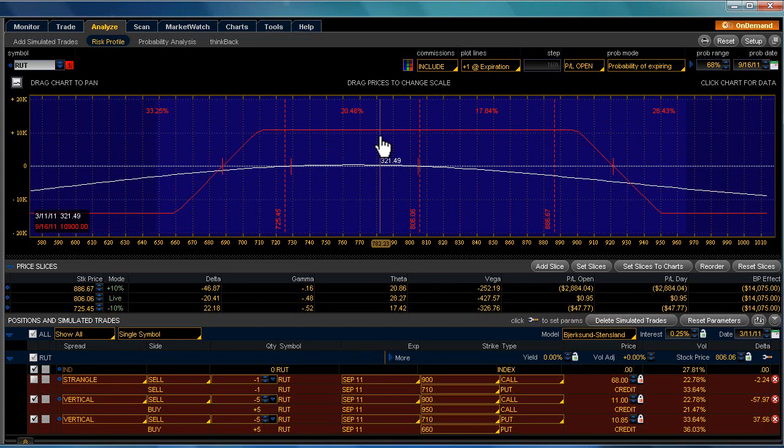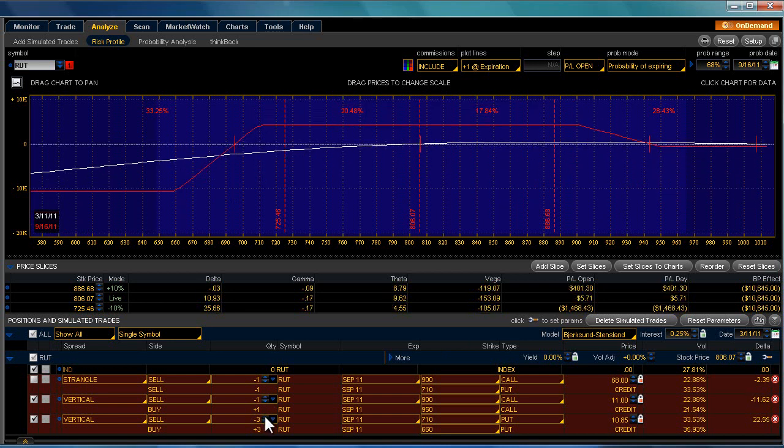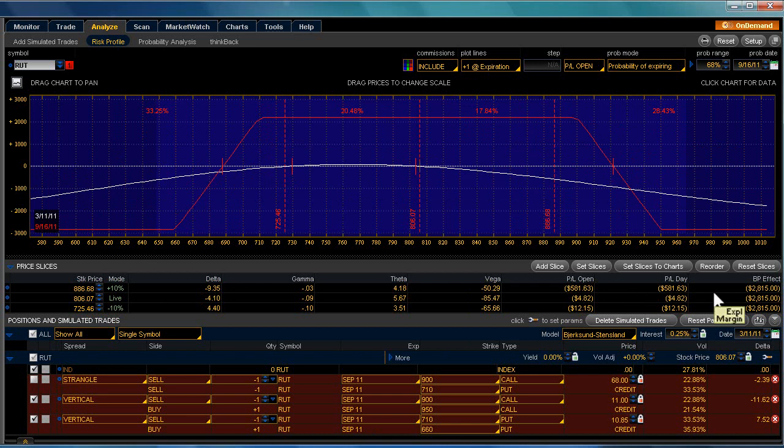Roughly $14,000 here, and here we can make as much as $10,900. Well, that looks pretty attractive if you want to risk $14,000, but I'm not really into that. As a matter of fact, this $2,800 here is quite a bit for me in the first place. But let's compare.